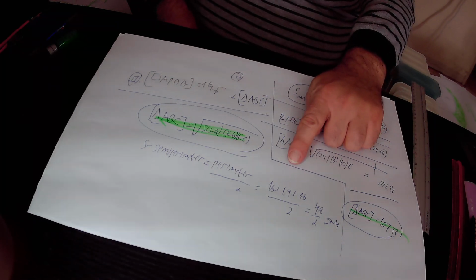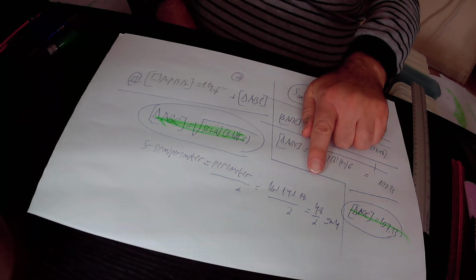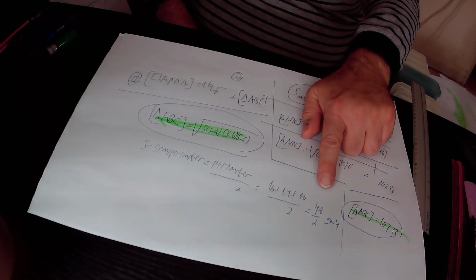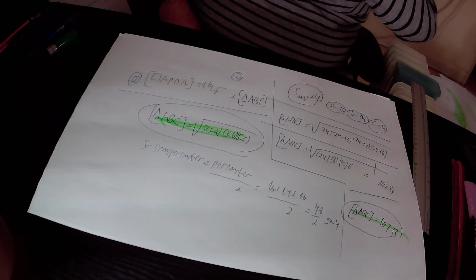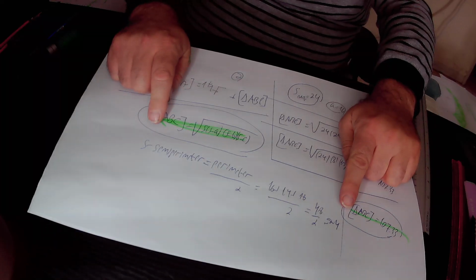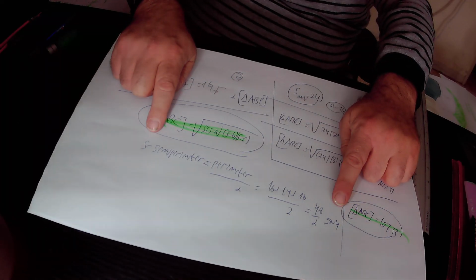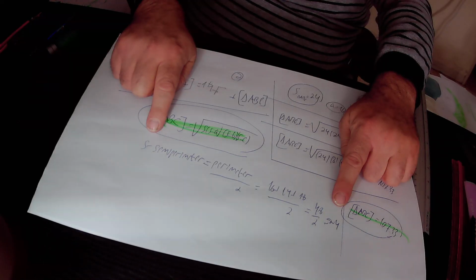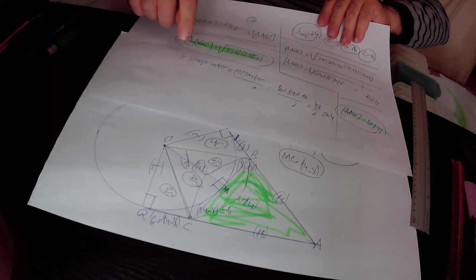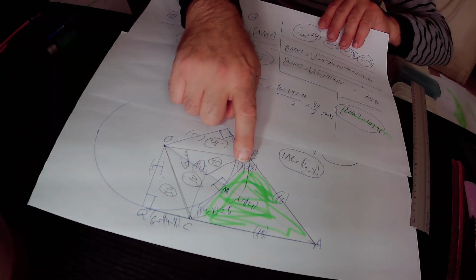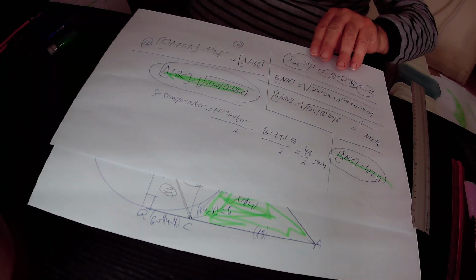So the perimeter in total is 16 plus 14, that is 30, 30 plus 18 is 48. 48 over 2 is the semi-perimeter, so the semi-perimeter of triangle ABC is 24 units.